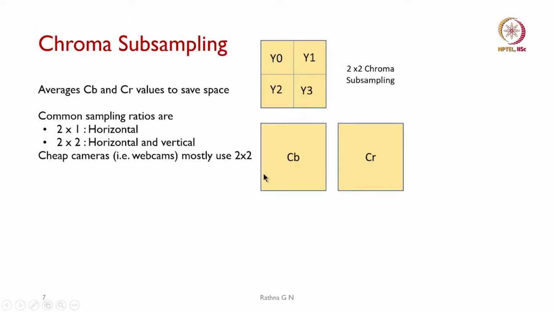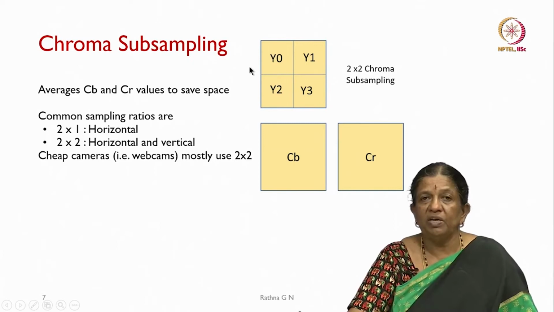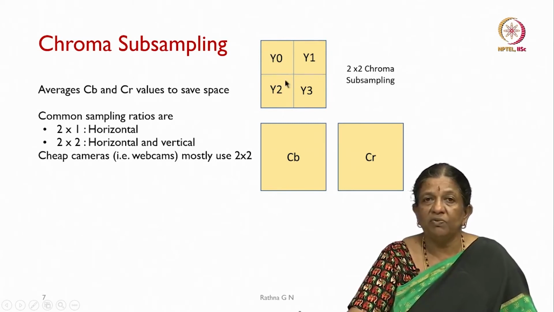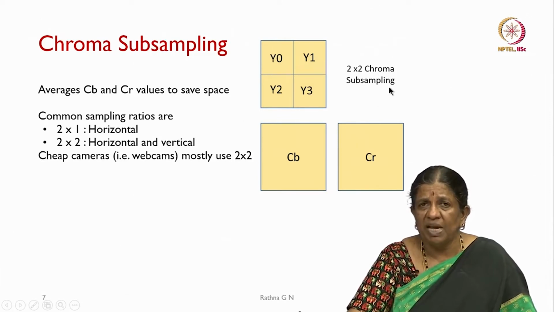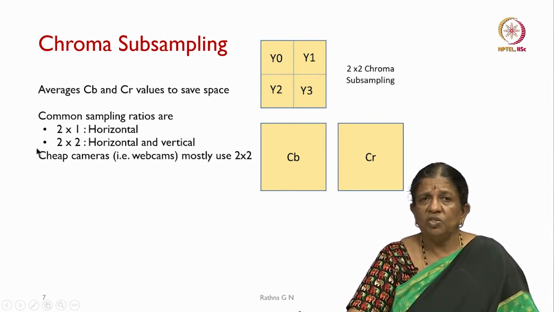So, what is the subsampling we are going to do? We are going to keep the luminance Y0, Y1, Y2, Y3 as it is, and then we can do 2 by 2 chroma subsampling. We average the Cb and Cr values to save space.